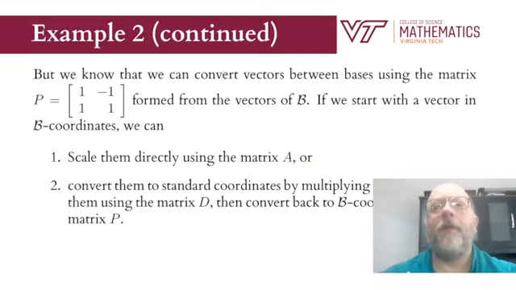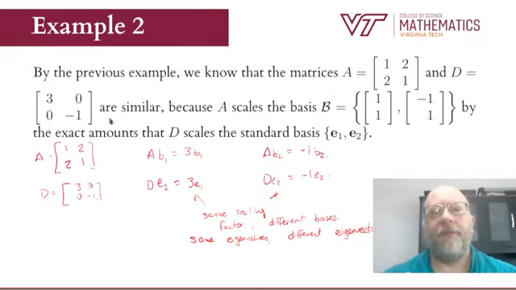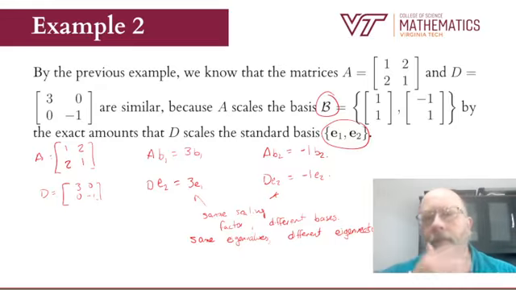But we know how to convert between these two bases. So I'm going to back up to the previous slide for just a second. That is, if I want to convert from this basis to this basis, we know how to do that.